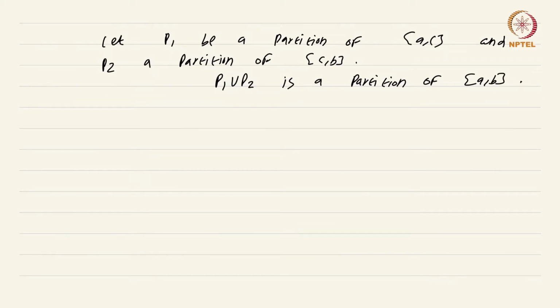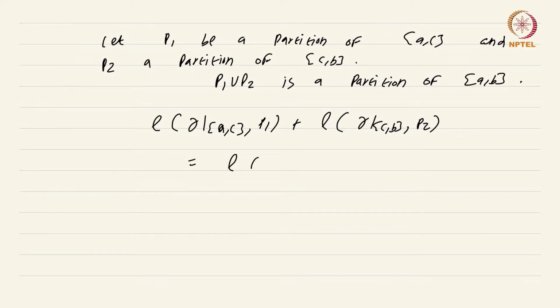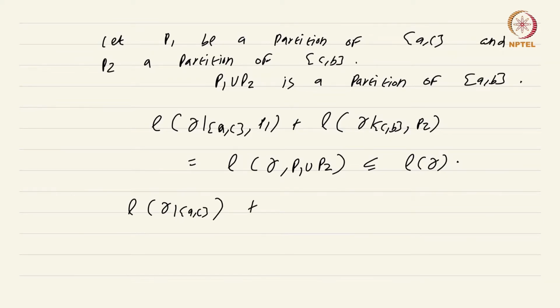Okay, and it's also clear that length of gamma restricted to AC with respect to P1 plus length of gamma restricted to CB with respect to P2 is equal to length of gamma with respect to P1 union P2, which is less than or equal to length of gamma. Again, taking supremum over all P1 and all P2 on the left hand side, we get the required result that length of gamma restricted to AC plus length of gamma restricted to CB is less than or equal to length of gamma as required.